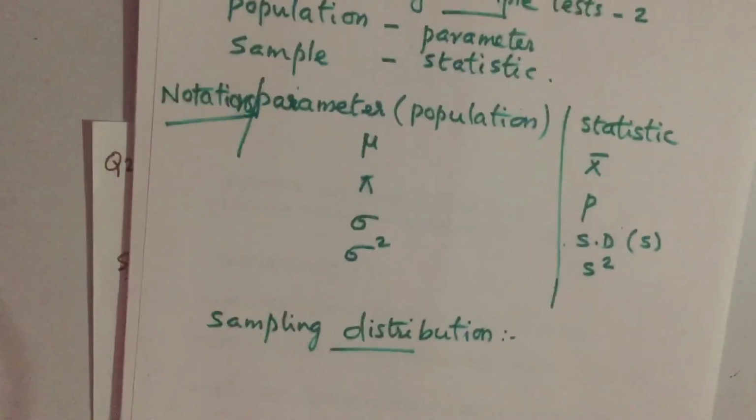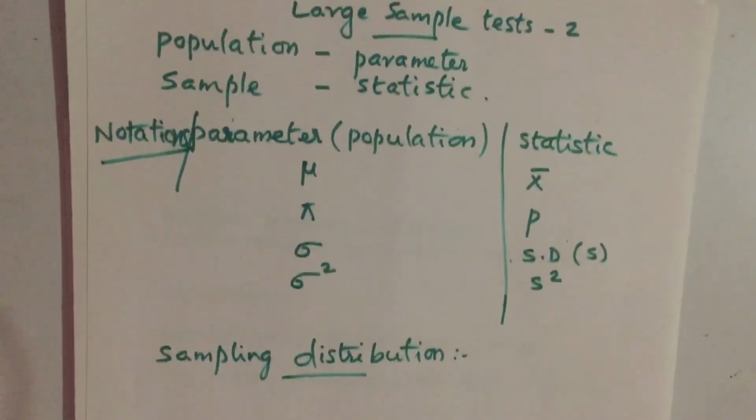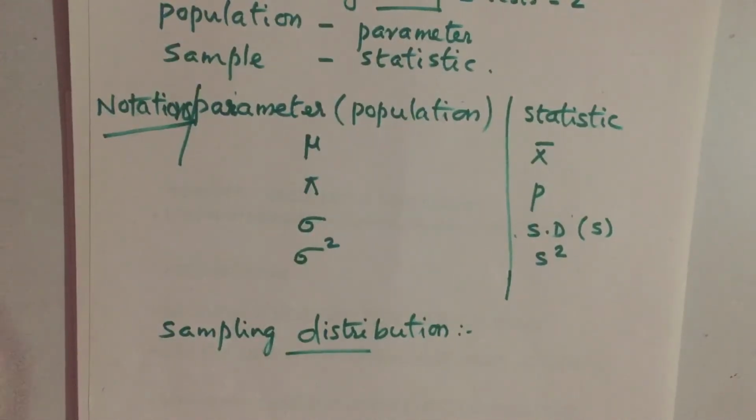Now we'll see what sampling distribution is. Before going directly into the example, if you do not understand what population and sample are, it's easy. Suppose your mother prepares some food. To test whether the salt or sweetness is enough, she just tastes a spoon of that dish.